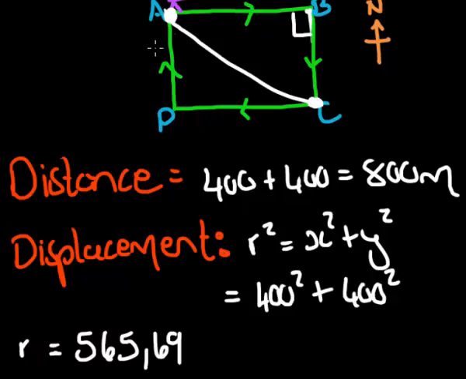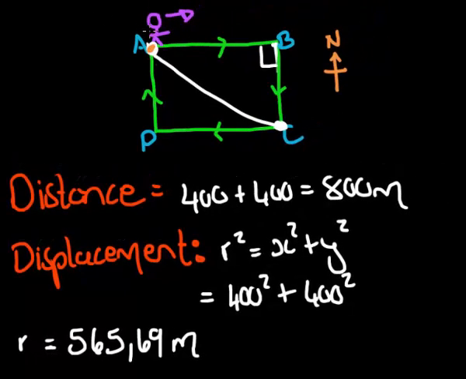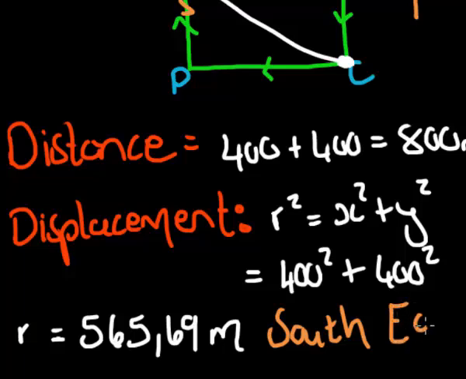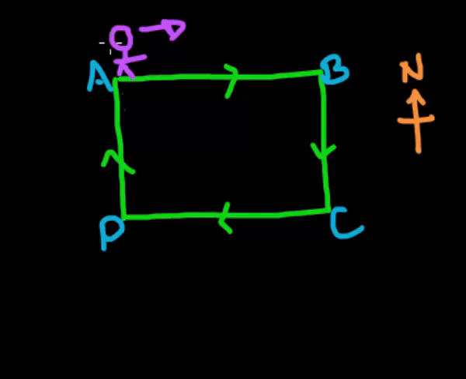After doing the square root, we'll find that r's distance, that's a straight line from A to C, is 565,69 meters, rounded to 2 decimal places. But we'll also need to indicate direction, and that means from point A, if we take a look at our north, east, south and west, it lies in a southeast direction. So this is our direction for our displacement.